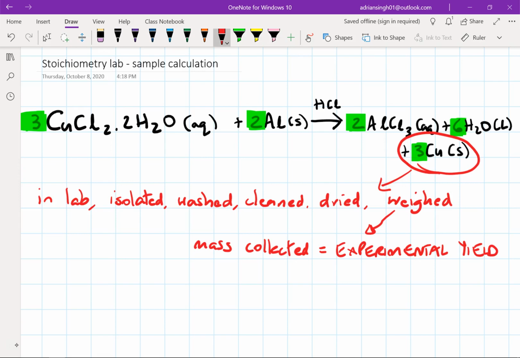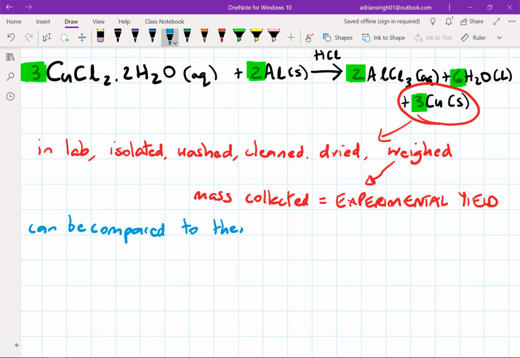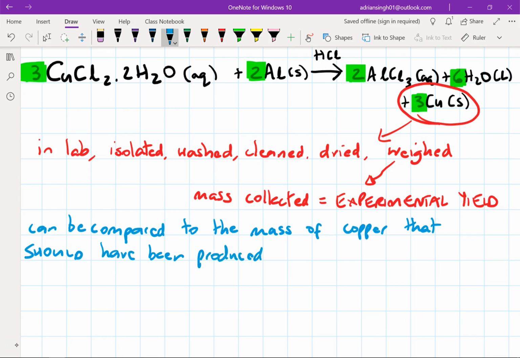So what we can do is compare that amount that you collected to the mass of copper that should have been produced, and that mass is known as the theoretical yield.